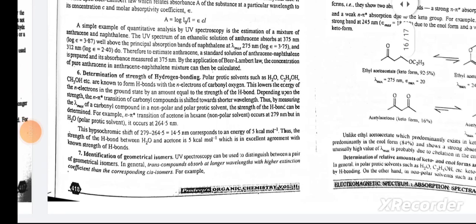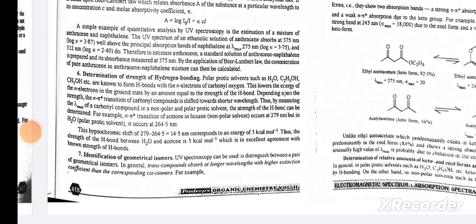For example, the n to pi star transition of acetone in hexane, a non-polar solvent, occurs at 279 nm, but in H2O it occurs at 264.5 nm. This hypsochromic shift of 279 to 264.5 nm corresponds to an energy of about 5 kcal per mole. Thus, the strength of the H bond between H2O and acetone is in excellent agreement with the known strength of H bonds. Identification of geometrical isomers.